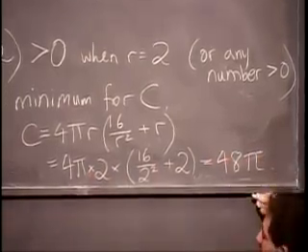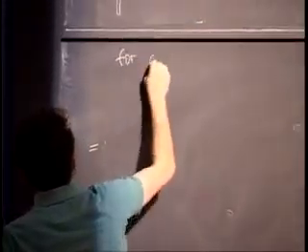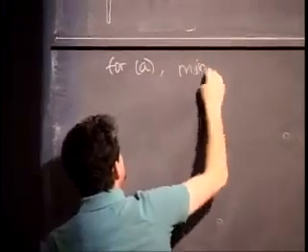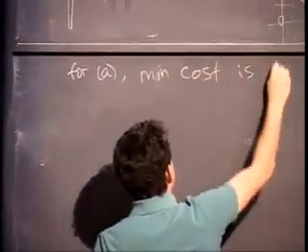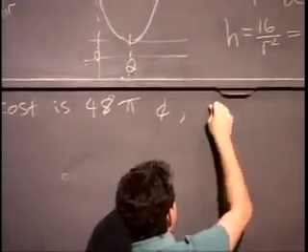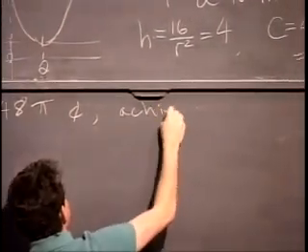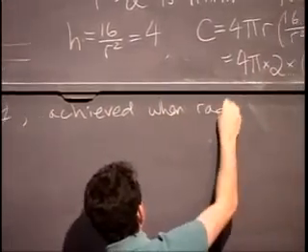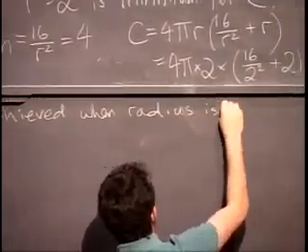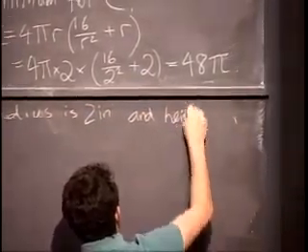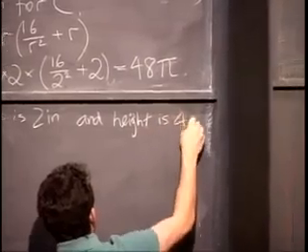And we get 48 pi. So for part A, the minimum cost is 48 pi cents, and it is achieved when the radius is 2 inches and height is 4 inches.